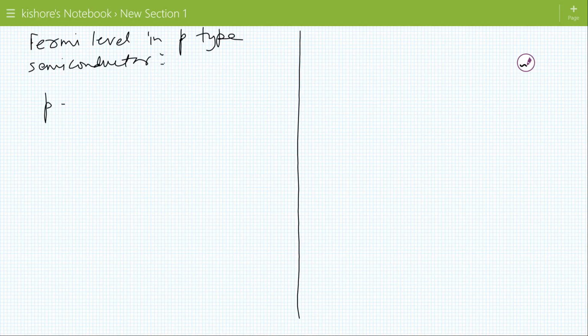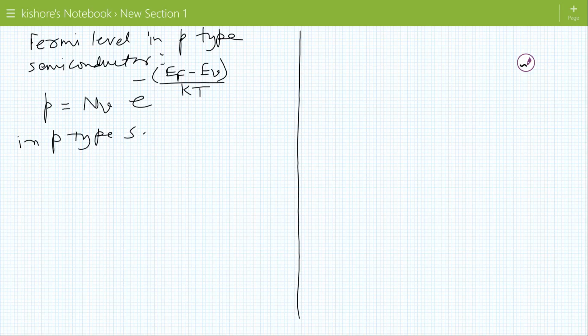Now we have the expression for the concentration of holes in the valence band, that is Nv e to the power minus (Ef minus Ev) by kT. In a p-type semiconductor, the concentration of holes is equal to the acceptor impurity concentration.